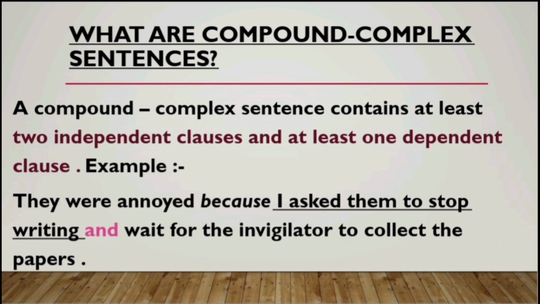It does not have any context. It's incomplete, so it is a dependent clause. And is a coordinating conjunction. Wait for the invigilator to collect the papers is another independent clause. You can observe that in this particular sentence there are two independent clauses and one dependent clause. There is a coordinating conjunction and, and a subordinating conjunction, because.